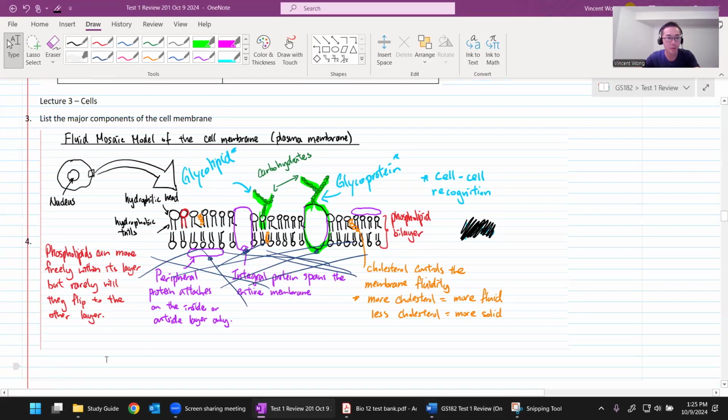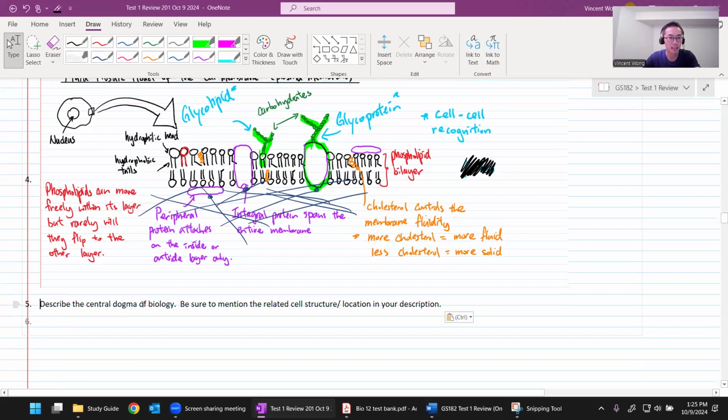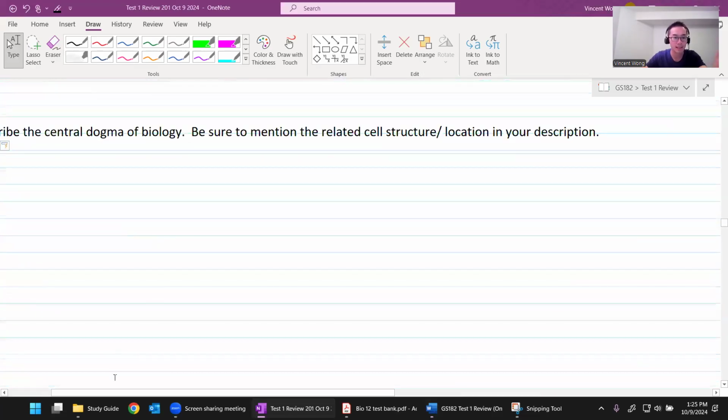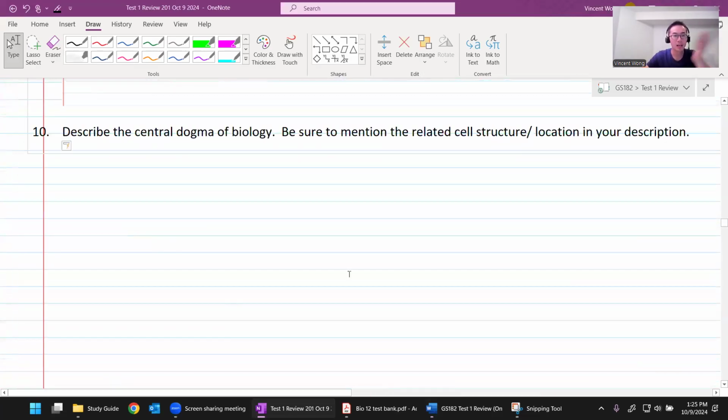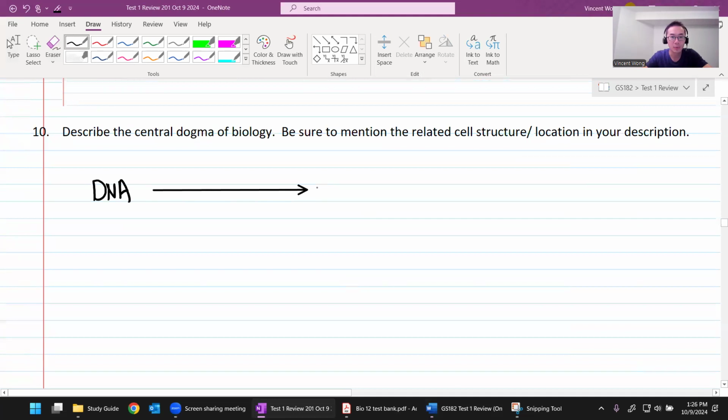Describe the central dogma of biology. So central dogma is like the central theme of biology, which is DNA containing the information, the instruction to make the protein, which then we're going to make a copy of in the form of RNA because the DNA is too big.